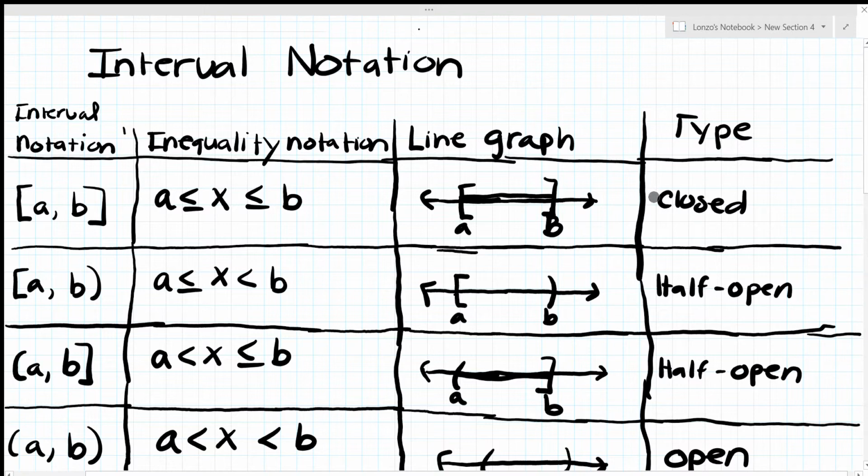It just means it's closed, it's included. The one that's closed or included is A, and the one that's not included is B.